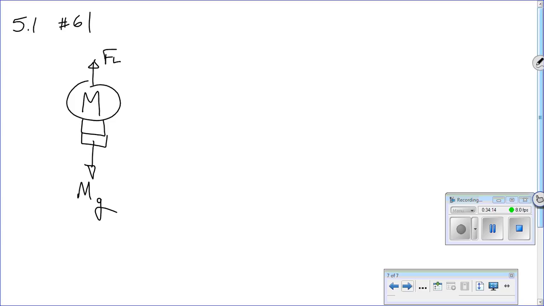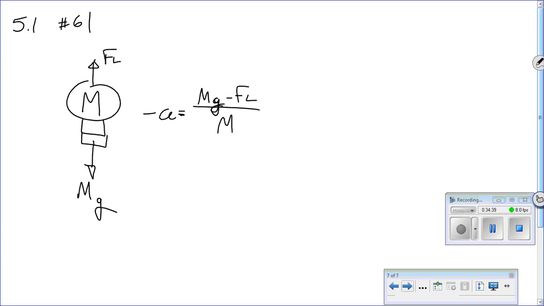All right, and it tells us that because of this, it's accelerating down with an acceleration of A. So look, negative A, assuming A is a positive number, negative A is going to be the weight minus the lift divided by the mass, right?